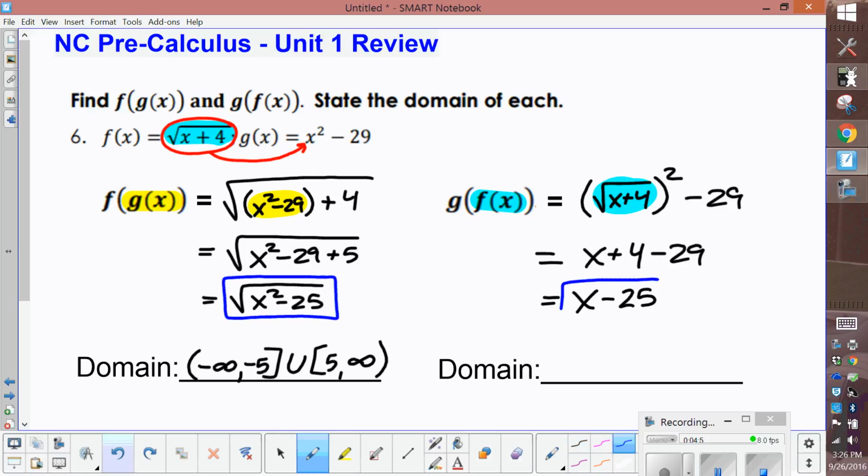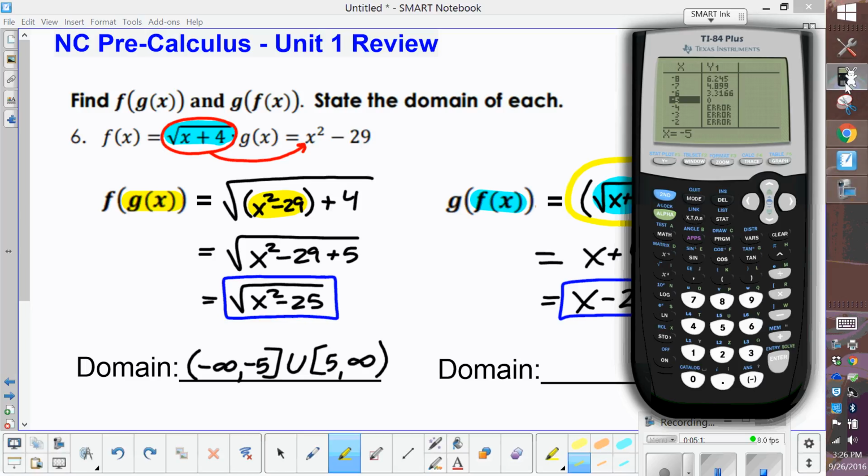Now, I do have to be careful with the domain on this, because if I first looked at my final product here, this is linear, so I'd assume the domain is all real numbers. But I need to focus on this because there is a restriction here with this square root.